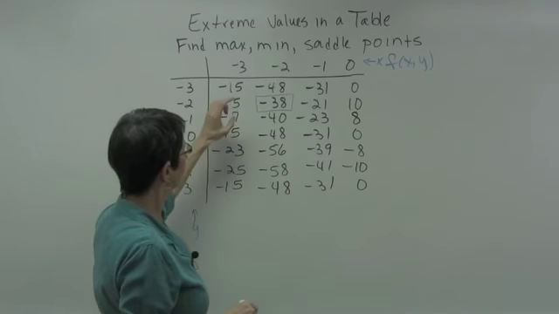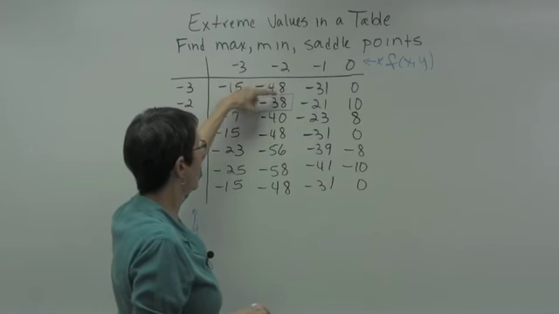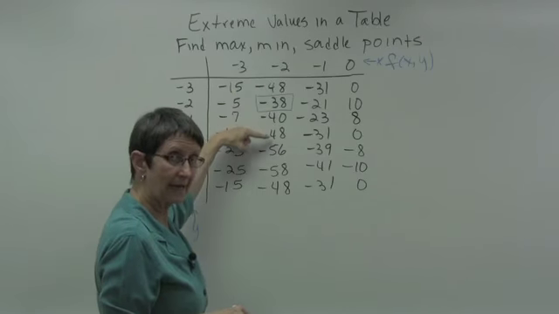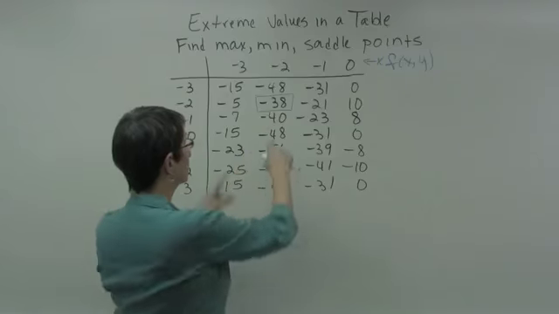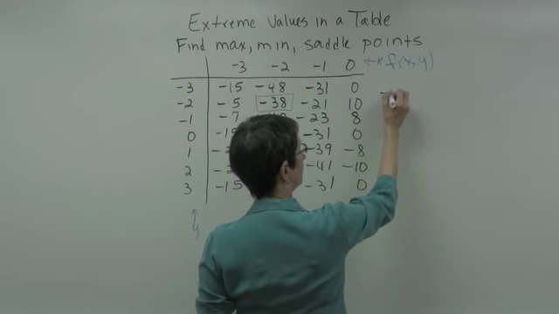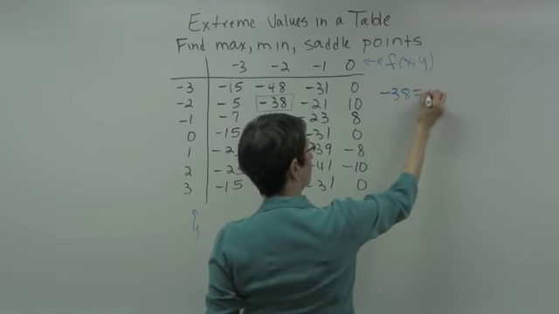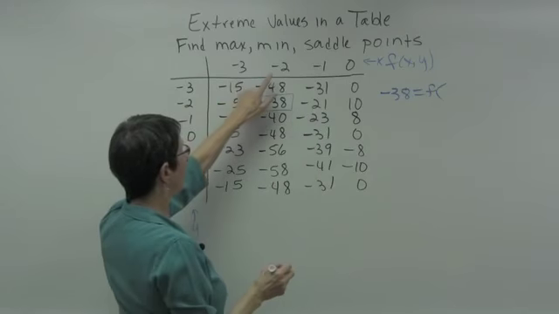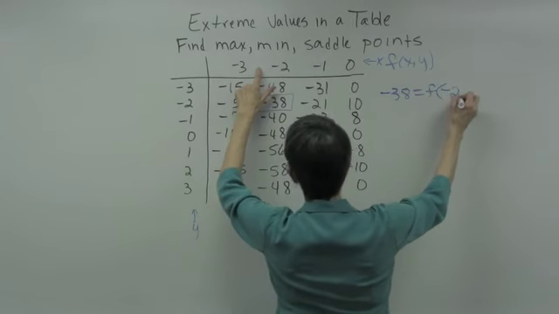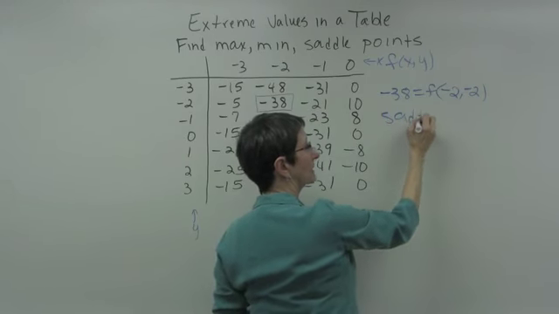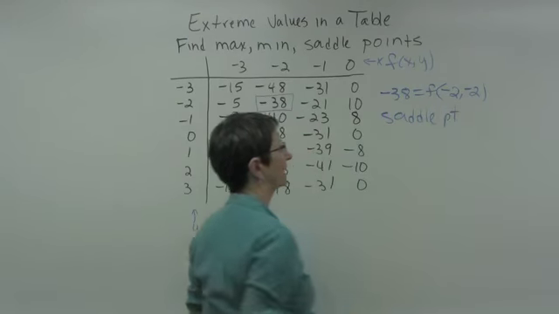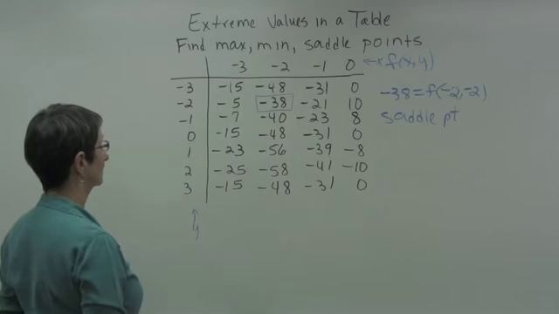Okay? Look at that again. Negative 48 up and then down. Negative 5 down and then up. So it looks like this negative 38 value here, which would be the function value when x is negative 2 and y is negative 2, that looks like a saddle point because it was a max in one direction and a min in the other direction.